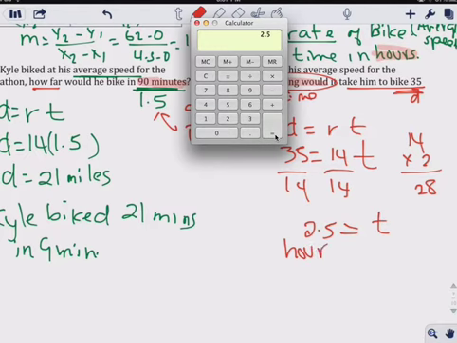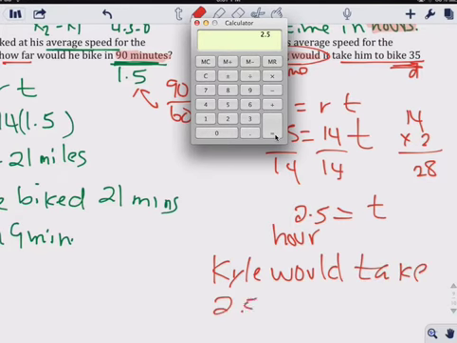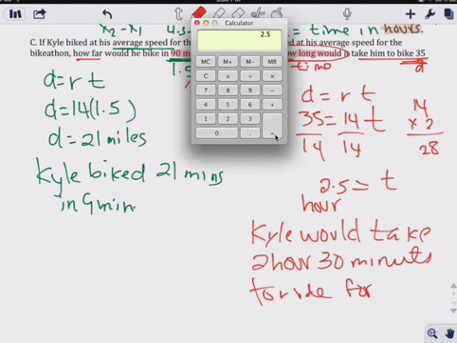So it would take Kyle 2.5 hours, or 2 hours and 30 minutes, to ride 35 miles.